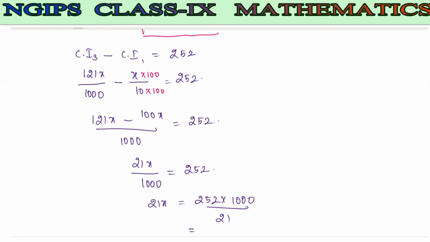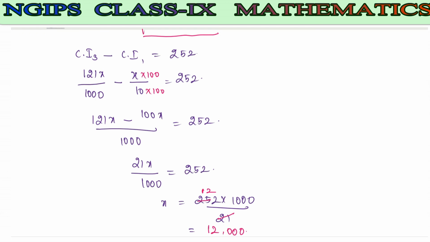Now if you cancel the terms, what do we get? 252 divided by 21: 21 goes in 1 time, the remainder is 4, bring down 2 to get 42, so 2 times. So here you will get 12,000. This is the value of x.